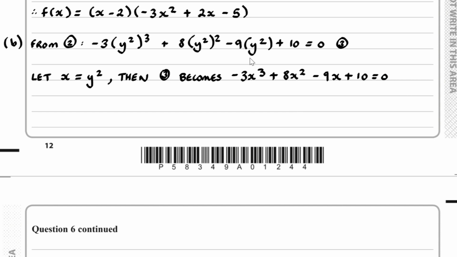And so we are solving this equation. And if we use our result to the second part of part A, we wrote this as x minus 2 times by negative 3x squared plus 2x subtract 5 equals 0.